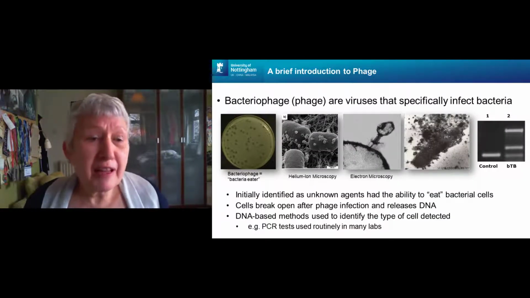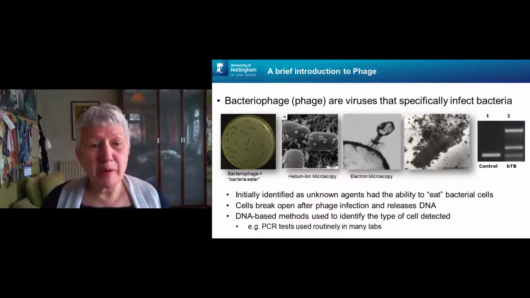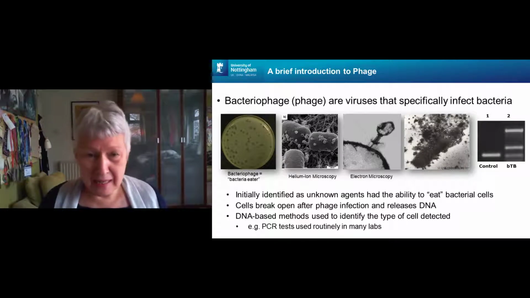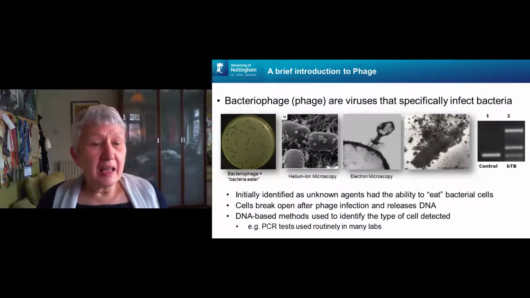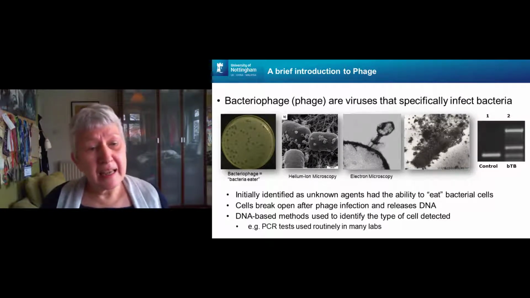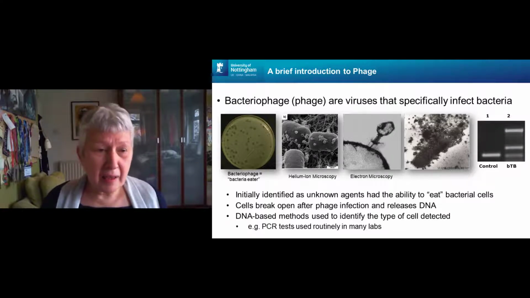So just briefly then, introduce you to our viruses, the bacteriophage. They are viruses that specifically infect bacteria. On this first slide, panel here, you can see an agar plate where we have a lawn of bacteria all over the surfaces, and we can see the zones of clearing where the plaques are forming, where the viruses are killing the cells.